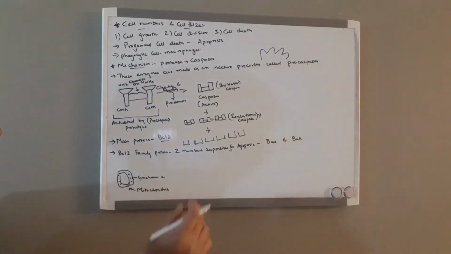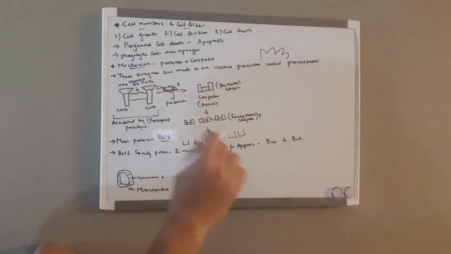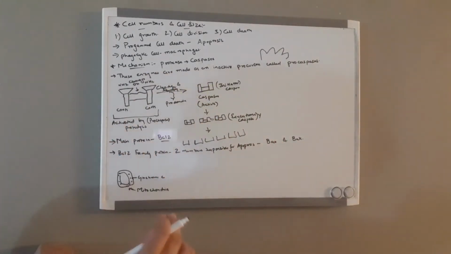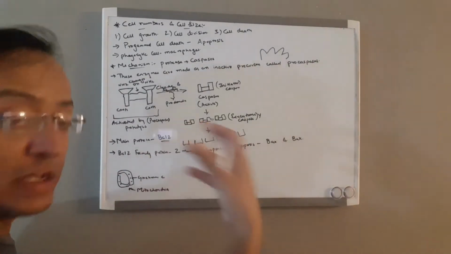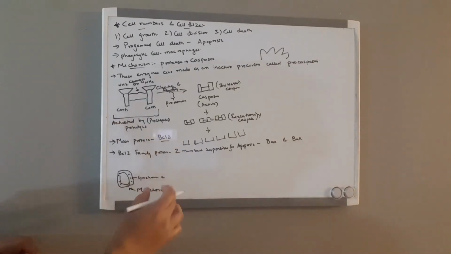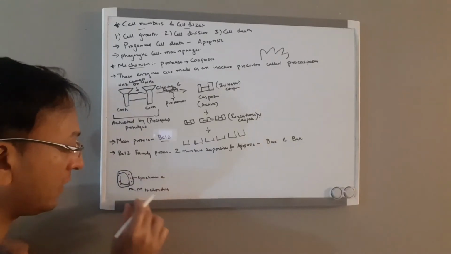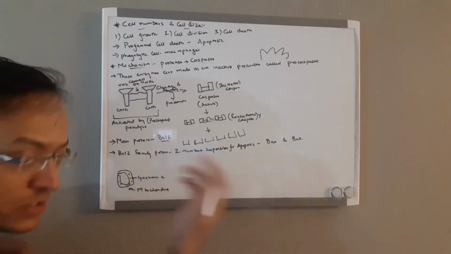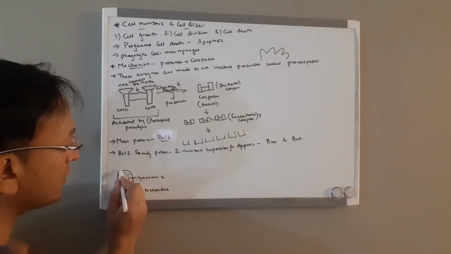So when BAX and BAK, the death program members of the BCL2 family proteins, are activated by any apoptotic signals or stimulus, these proteins start aggregating on the outer membrane of the mitochondria. For example, this mitochondria receives a signal for apoptosis, and BAX and BAK start accumulating.